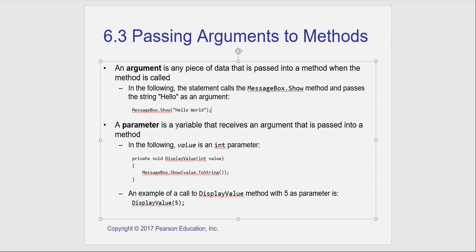Now the parameter is a variable that receives the argument that's passed into the method. So down here, this is another private void method that we're going to pass information into, and in this case we're going to pass in a parameter. It's going to receive an argument, but the parameter here is called value, and it's a variable, so it has to be declared with a certain type.